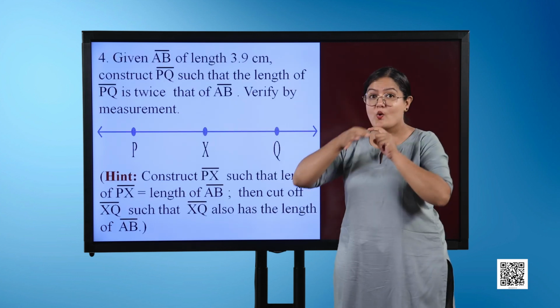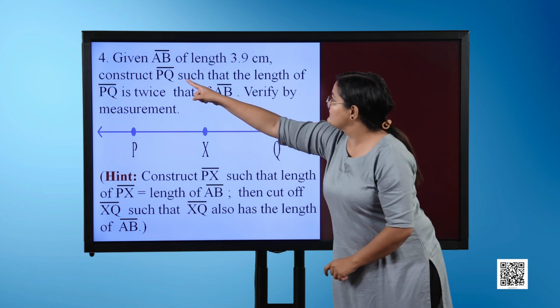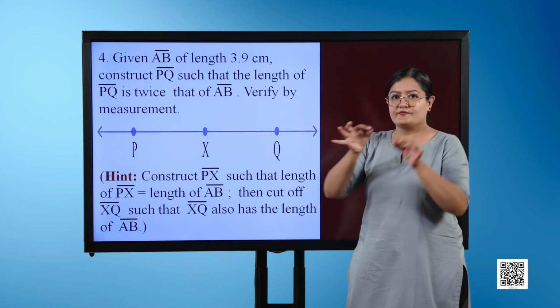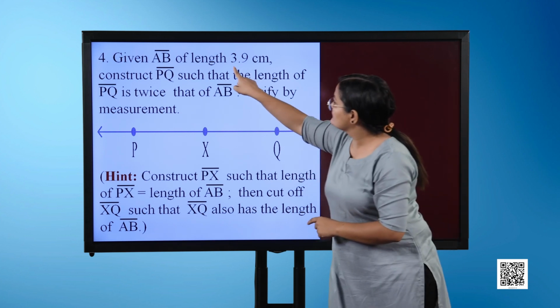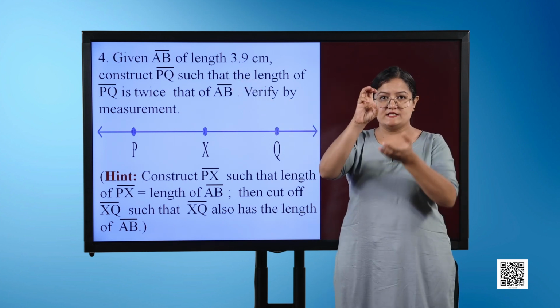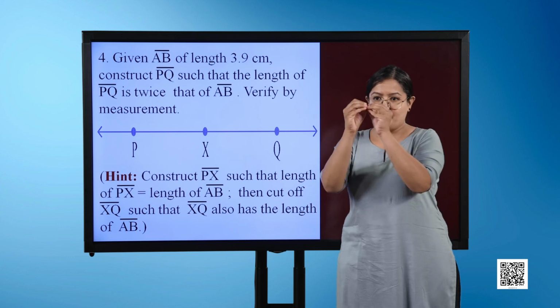4. Given segment AB of length 3.9 centimeters, construct segment PQ such that the length of segment PQ is twice that of segment AB.